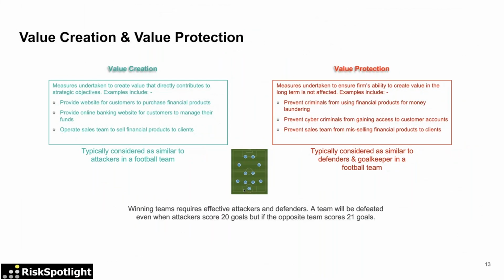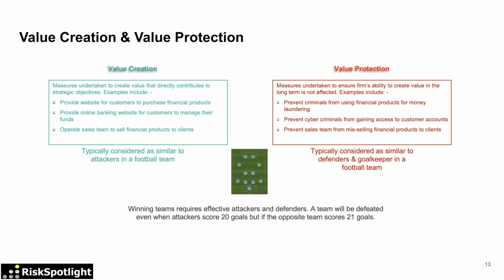Another example which is used is a football team, where the attackers are considered value creation, and the defenders and the goalkeepers are compared to value protection. Again, if you want to win the Premier League or the World Cup, you need a team which has the best attackers and the best defenders.